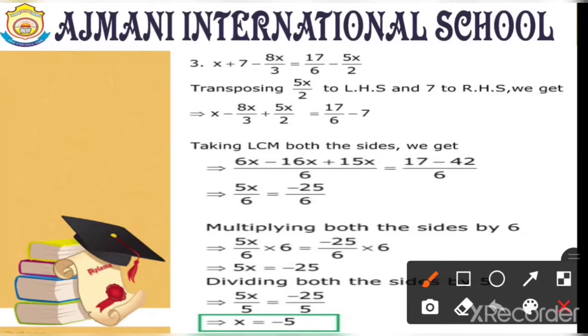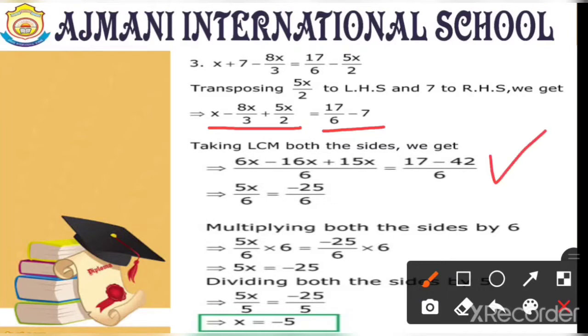So what I did here, I have kept the x related terms on one side and constant related numbers on the other side. So I got x minus 8x upon 3 plus 5x by 2 is equal to 17 by 6 minus 7. After taking the LCM on both the sides, we got 6. So (6x minus 16x plus 15x) by 6 is equal to (17 minus 42) by 6.